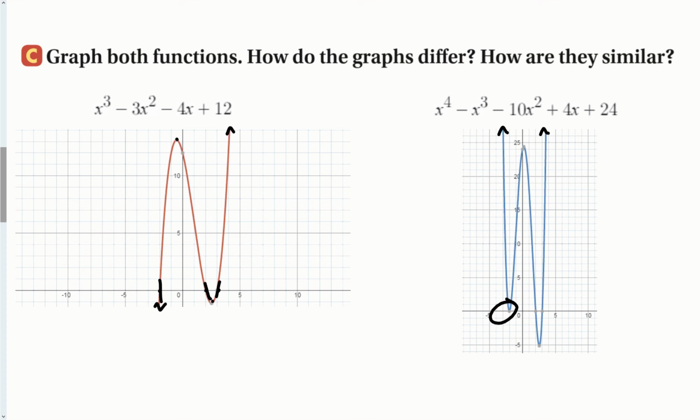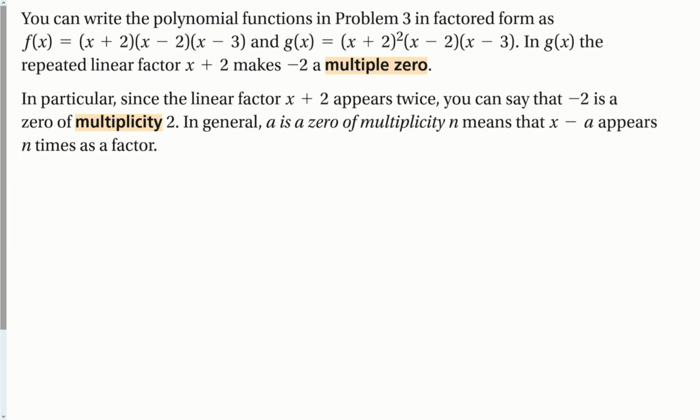Okay, so that happens when we have a multiple 0. Okay, so we can write the polynomial function in problem 3 in factored form in these two. We just got that, right? We can write this one as x plus 2 squared. And because it repeats its linear factor, we have something called a multiple 0.